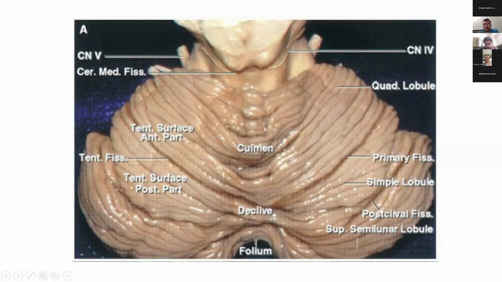So you can't actually demarcate the vermis from the hemisphere, because on this surface there is no demarcating fissure between them. However, they do have certain notches. This V-shaped structure is the anterior cerebellar notch, and posteriorly we have this depression known as the posterior cerebellar notch.